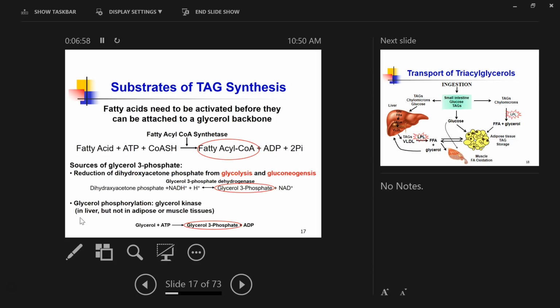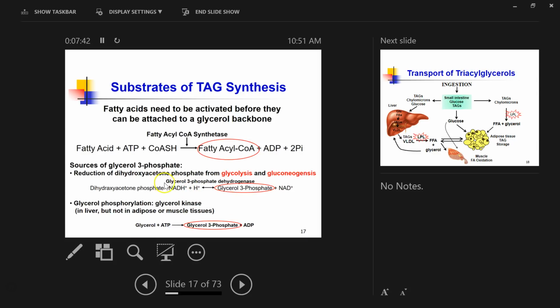So we have two pathways that can generate glycerol 3-phosphate: glycolysis, or we can also include gluconeogenesis, but glycolysis I think is enough if you can remember this, right? So this is one pathway for generation of glycerol 3-phosphate, and the other pathway is direct phosphorylation of glycerol by glycerol kinase. The question also asks which enzymes are involved in the adipose tissue or in the liver.